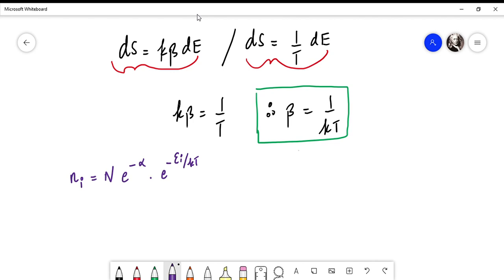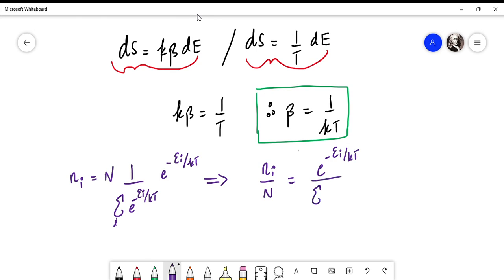So e to the minus alpha is just 1 over summation of I e to the minus ei over kt. And I also told you that it's the partition function. So I can write this as ni over n equals e to the minus ei over kt divided by summation of I e to the minus ei over kt.